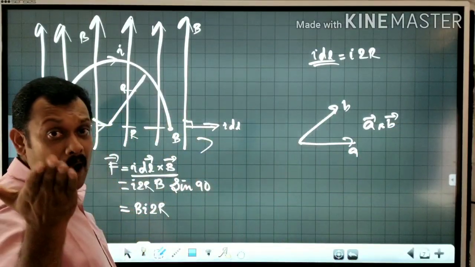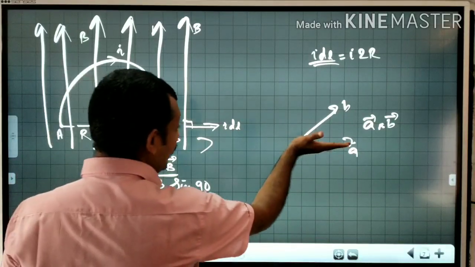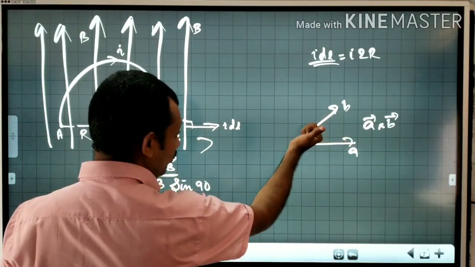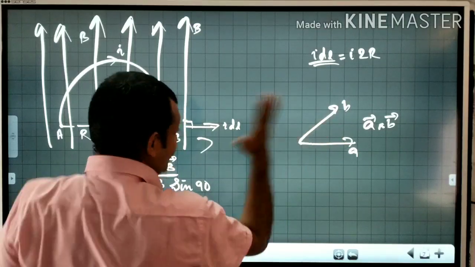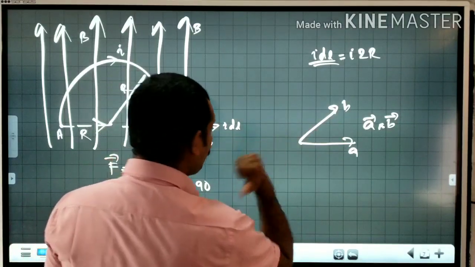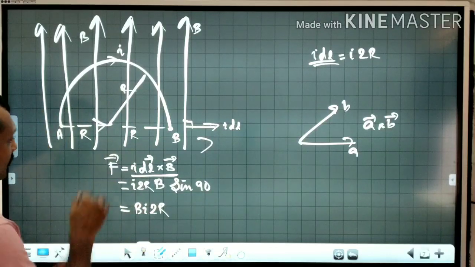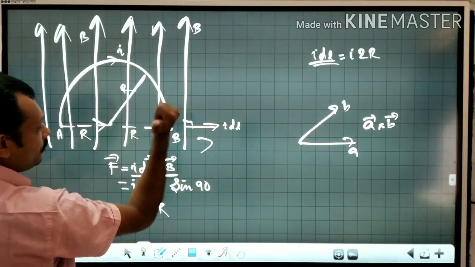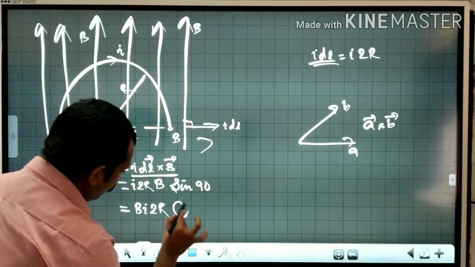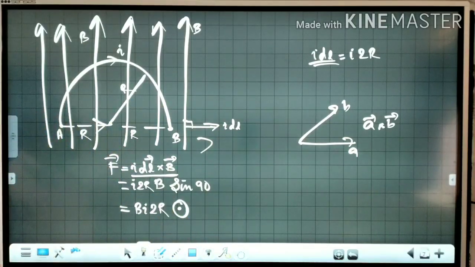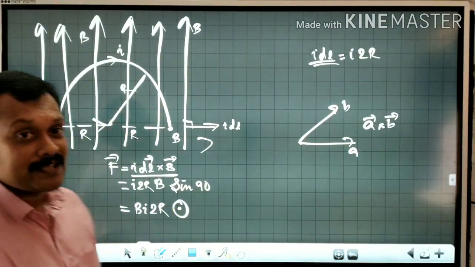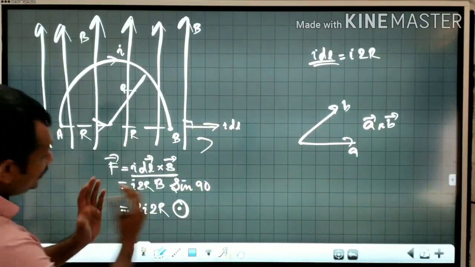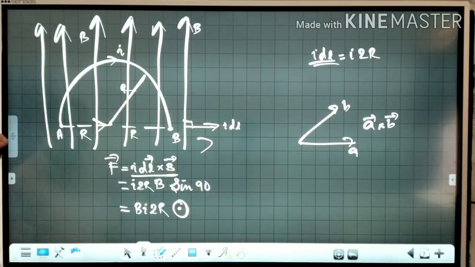Keep the palm of your right hand in the direction of A and curl it towards B. That gives A cross B. Now similarly, I need to take IDL cross B. This is the direction of IDL, this is the direction of B. So this vector is directed out of the plane of the board. Or when you draw in the book, it is out of the plane of the paper. So this I into 2R is directed out of the plane of the board.